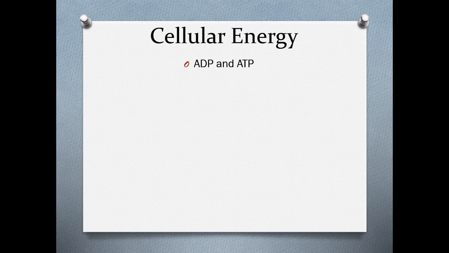We have cellular energy. We have ADP and ATP. So in one of the lessons you received with me, I mentioned that there are some particles that are partially charged and there are some others that are fully charged particles. So in this case, ADP is partially charged and ATP is fully charged, okay? And remember that in order to change an ADP to an ATP, you have to add a phosphate group.